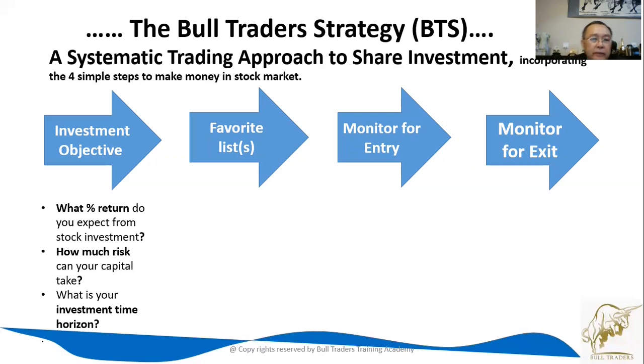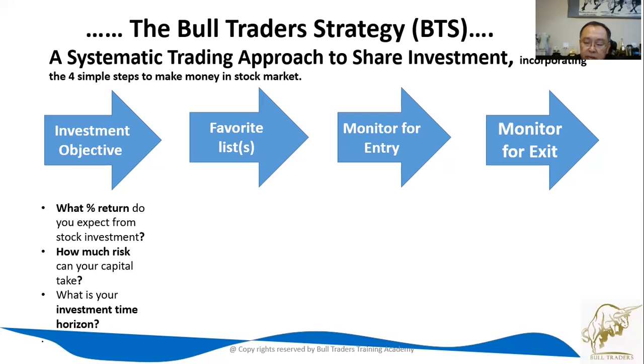Okay, let's look at the investment objectives. There are 3 areas in setting this objective that you have to consider. What percentage of return do you expect from stock investment? Most people, or the industry, say high risk, high return, but many times you may be involved with very high risk stocks and the returns may not be good if you don't have a strategy to manage it well. Then, how much risk can your capital take?